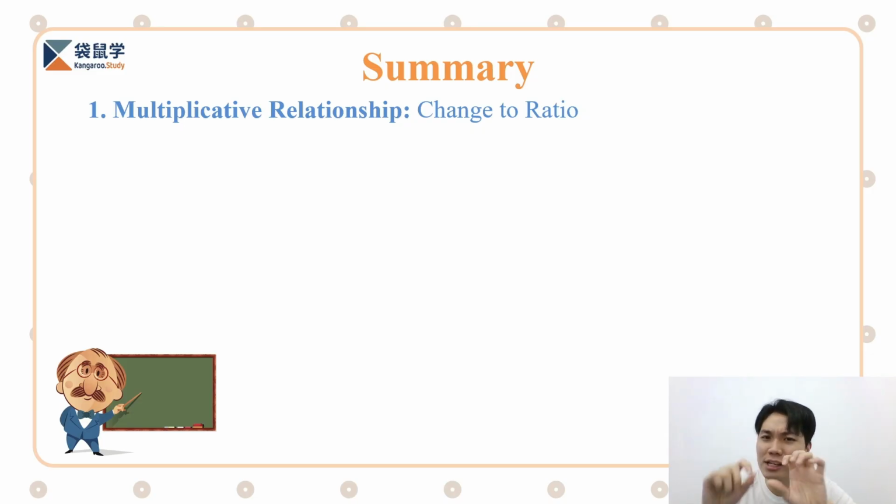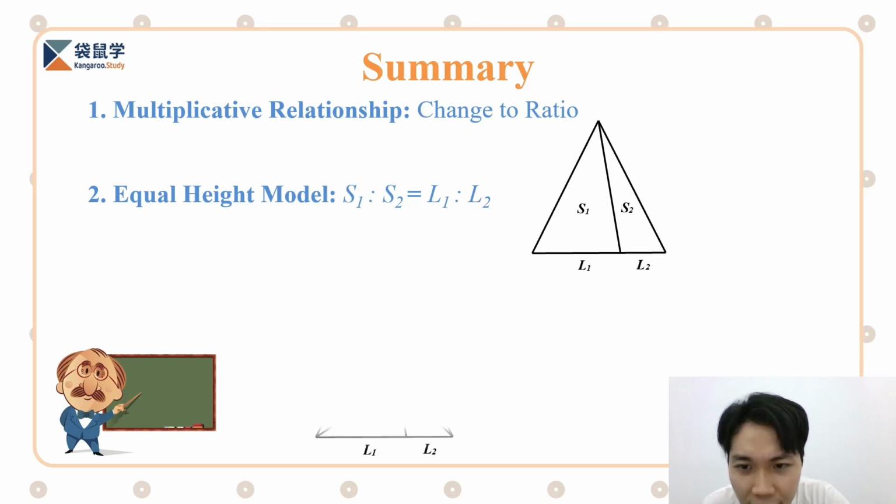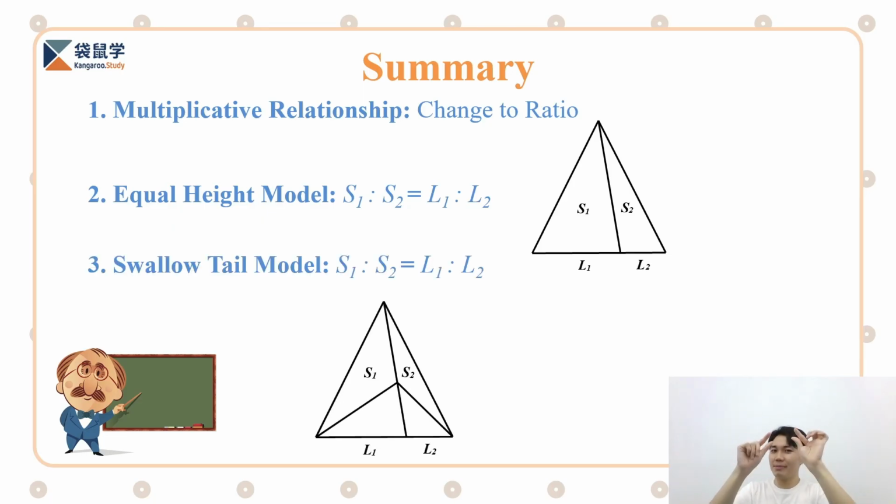With the ratio of the base, the lengths, if they have equal height, the area ratio will also be the same. Next, one step higher, we learn the swallowtail model. If we even cut one more time, then the top parts will also have the same area ratio and length ratio.